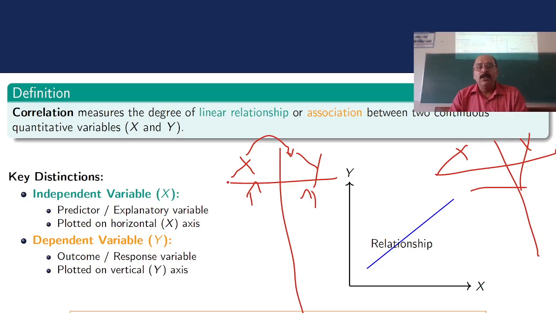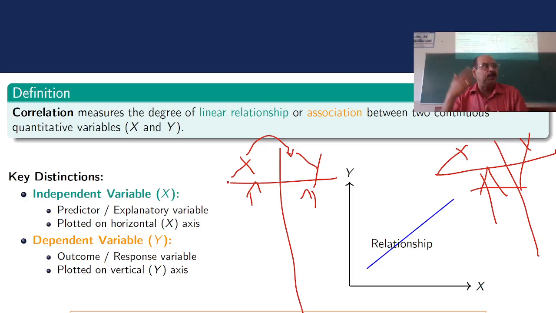So as x increases, y also increases. So what is a correlation? To what extent will x influence y?